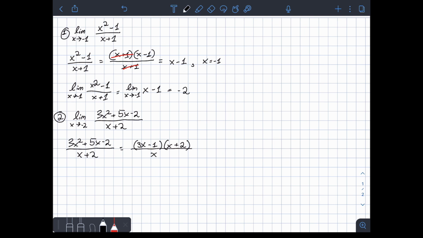Again, just factoring. x plus 2, x plus 2 just cancel out. So this is equivalent to this at all but the point x equals negative 2.